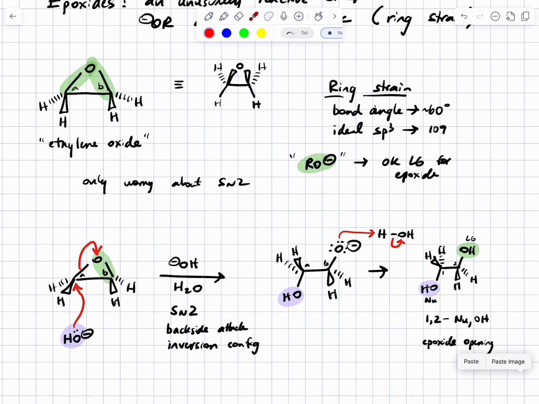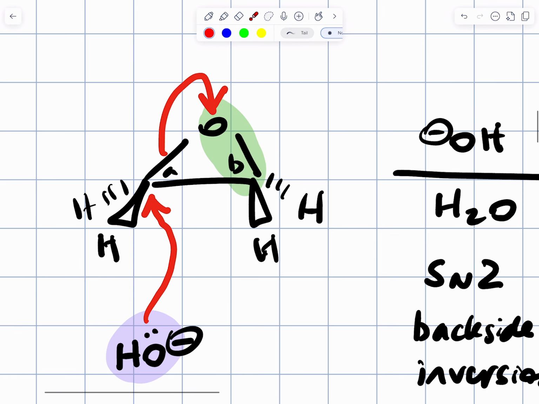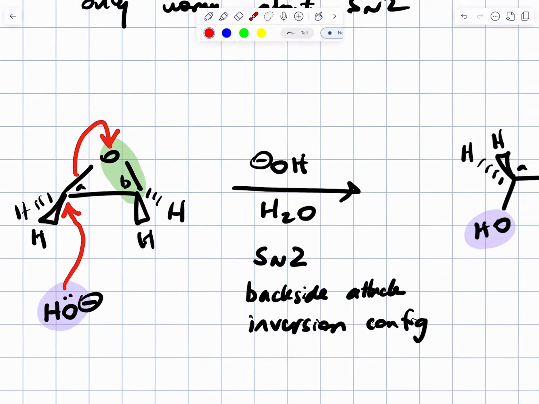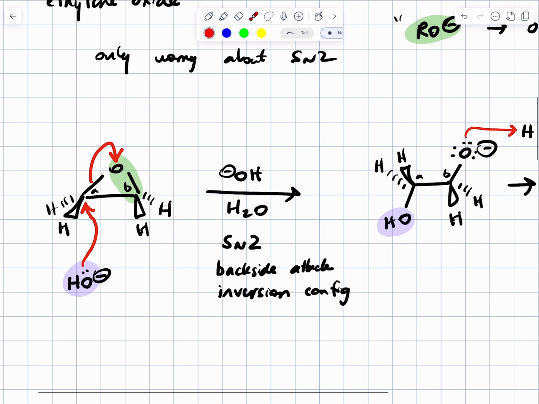Now, when you show backside attack on an epoxide, it is most convenient to draw an epoxide this way, with the oxygen and the two carbons in the three-membered ring all in the plane of the page. The substituents on carbons A and B are therefore dashes and wedges. But when you go to show nucleophilic attack with inversion of configuration from this perspective, the OR minus leaving group is here, and then the nucleophile is here on the opposite side of the molecule.